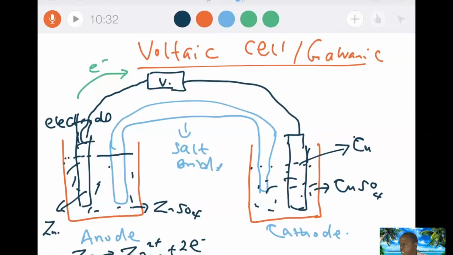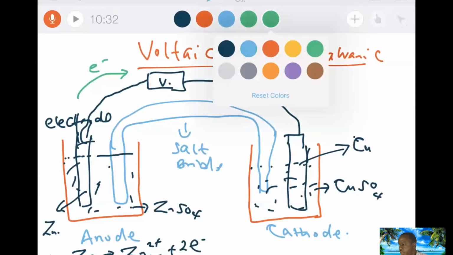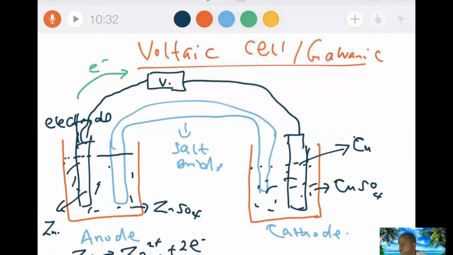And then here there is reduction reaction. This is Cu 2 positive aqueous plus 2 electrons going to copper solid.